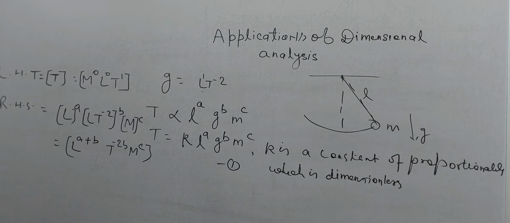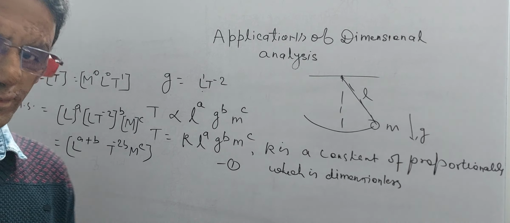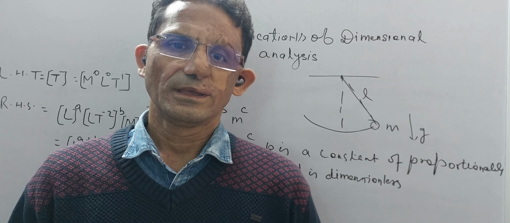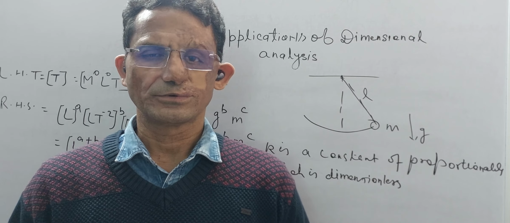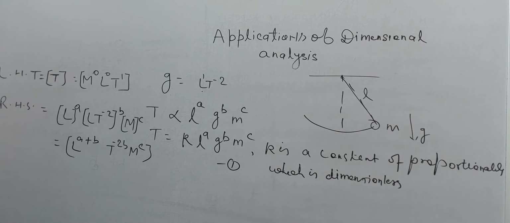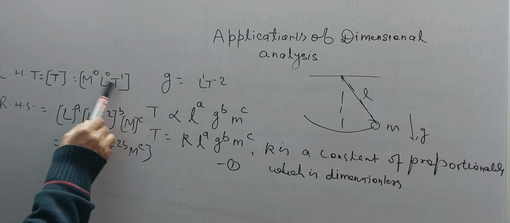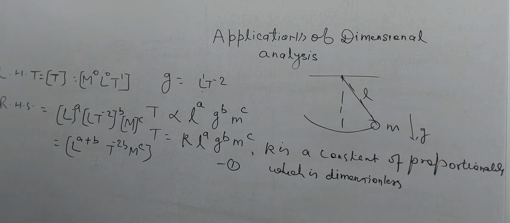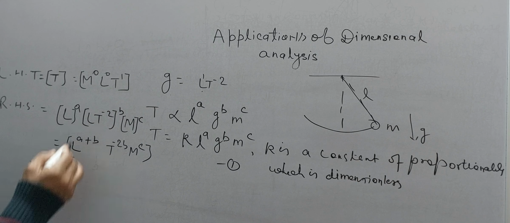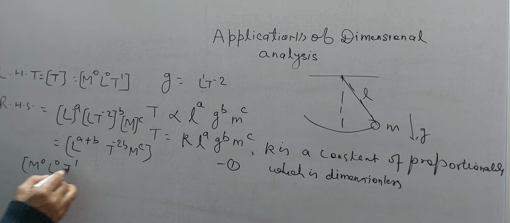By the principle of homogeneity, the left hand side is equal to the right hand side only when the dimensions of M, L and T are the same on both sides. Now in our left hand side we have M raised to the power 0, L raised to the power 0, T raised to the power 1.